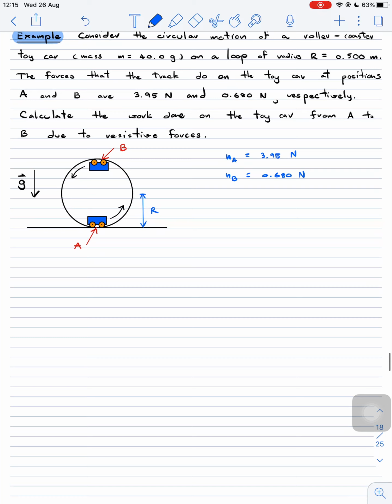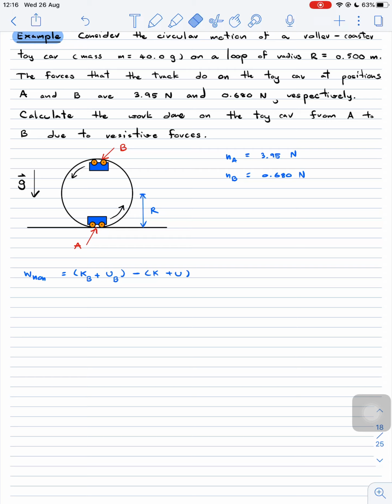So let's just start from the equation. The work done by the non-conservative force, right, is equal to K2 plus U2, and then minus K1 plus U1. So now in this case, the position B is the final position. So let's change from number 2 here to be the point B. Okay, and now the position A here is the initial position.